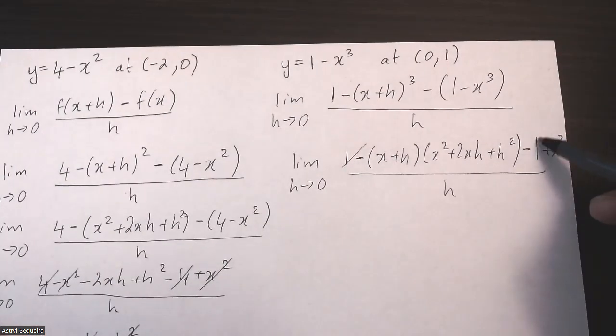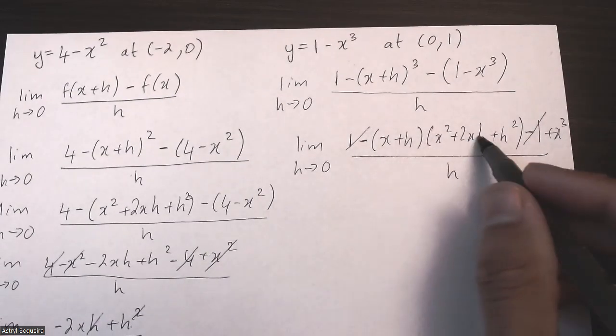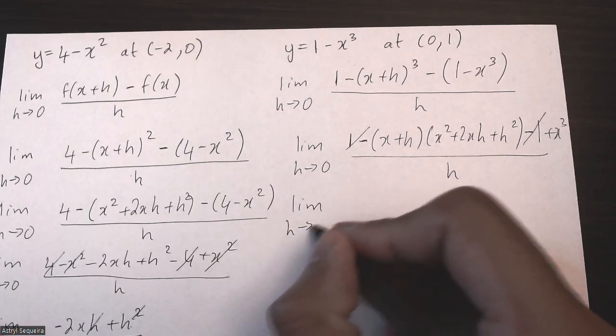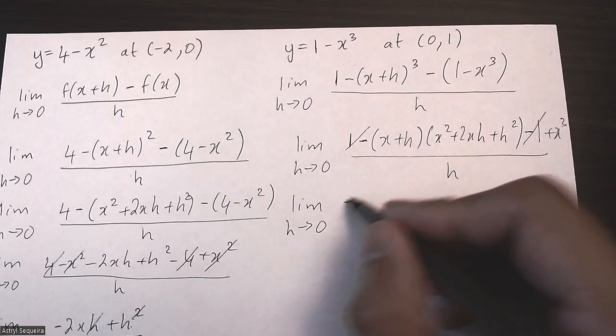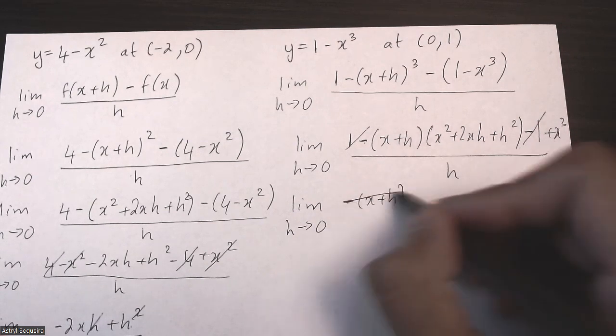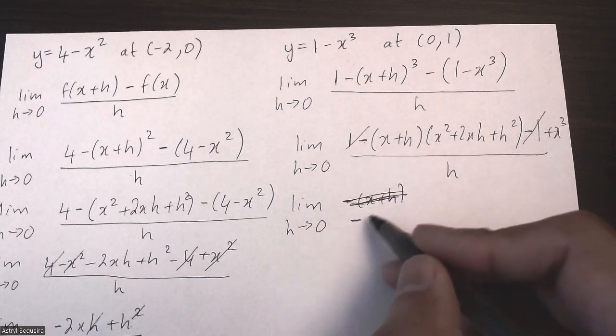This 1 and negative 1 cancel. So now I'm going to FOIL out these 2 brackets over here. So lim h approaches 0. Don't forget this negative sign over here. Down here, negative. I'm going to FOIL out these 2 brackets.